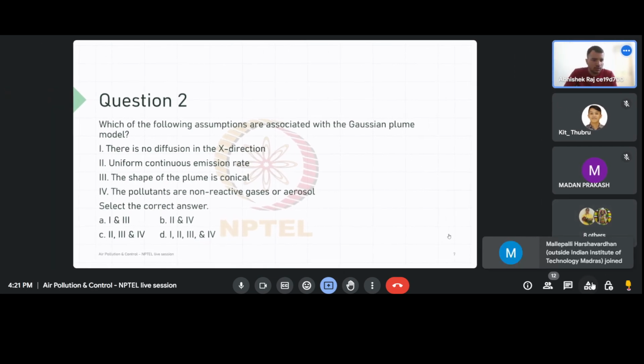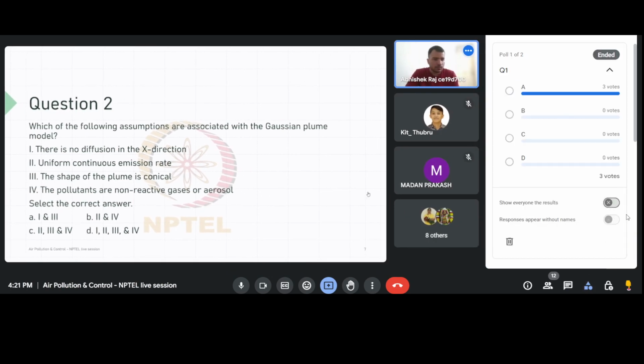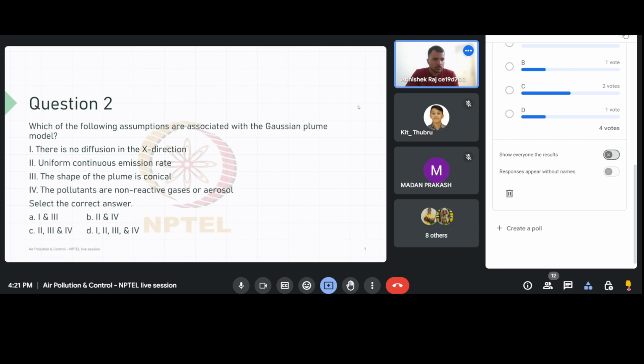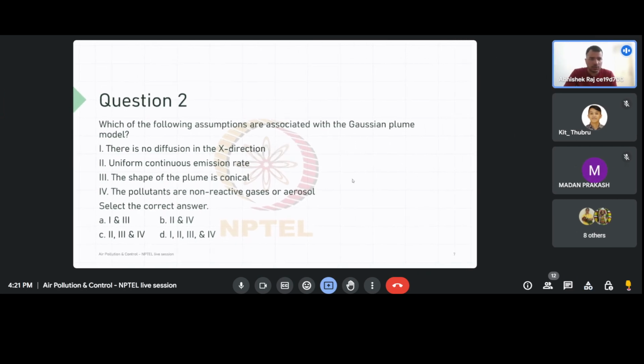No issues. So this question is also from lecture one only, Gaussian plume models. We will see all the assumptions so that we quickly revise all of them.